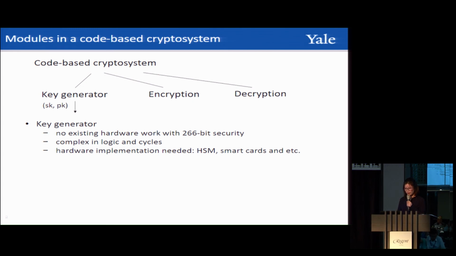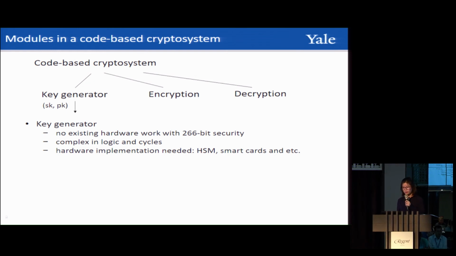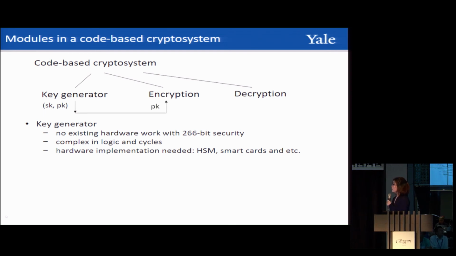But at the same time, the hardware implementation is needed. For example, if we want to implement hardware security modules or cryptographic smart cards, all of these applications need dedicated key generator modules. For code-based schemes, encryption is very cheap.